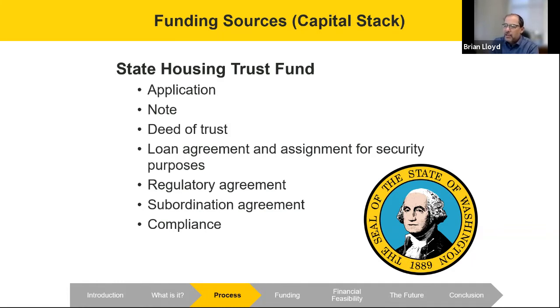What you said in the application, your promissory note, your deed of trust, your loan agreement, reg agreement, subordination agreement. If we had more time, I would walk through what some of those mean, but the point here is that each of these different funders has a list of documents that have to be dovetailed together in order to make the closing work.